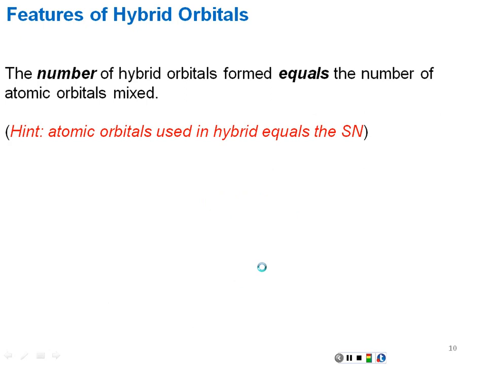Well, the number of hybrid orbitals formed equals the number of atomic orbitals that are mixed. And a very big hint, when you're asked about what hybrid orbitals form, just remember that the number of atomic orbitals used in the hybrid equals the steric number of that atom in a molecule.